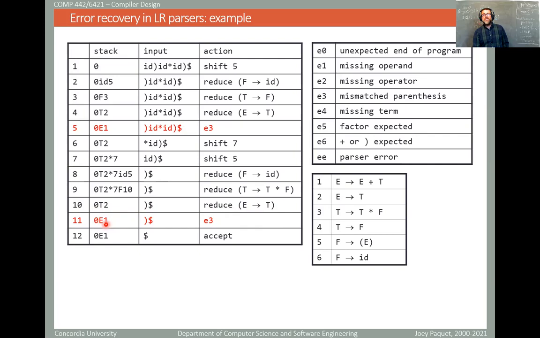Then again, you see, I'm in the same situation here. Then I'm actually applying this error recovery procedure that I've done before. Luckily, in this second example, I still have state 0. When I pop this 1 and this E, and then I come up to 0, it's the same analysis here.